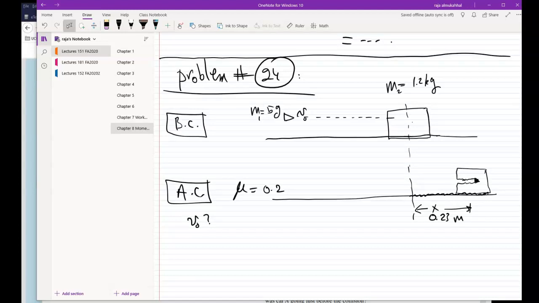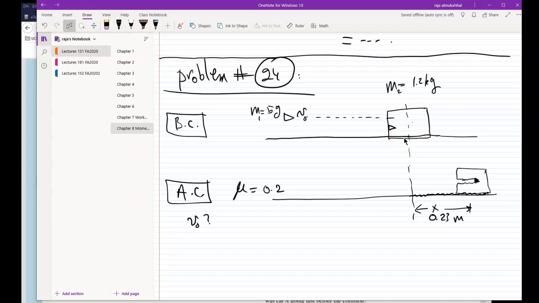What I want to do is to say, right before the bullet becomes embedded in or combines with the block, in other words, when the bullet is right here.